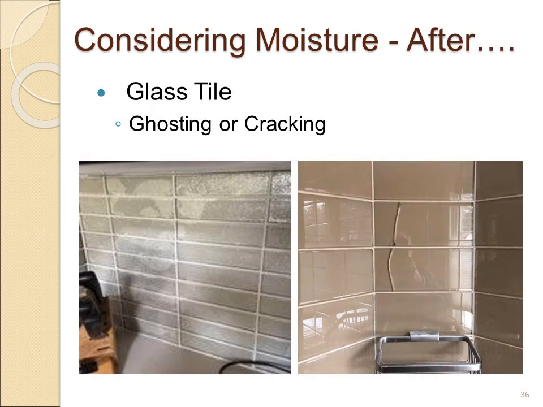When we think about glass tile, it's another product that is beautiful and very popular, but when we consider how moisture affects installation and installation materials, and then after the fact when the installation is in service, how the glass tile could be affected by moisture, we see what's called ghosting on the left side, where moisture is leaving the mortar underneath the tile, and we see a discoloration through the transparent tile.